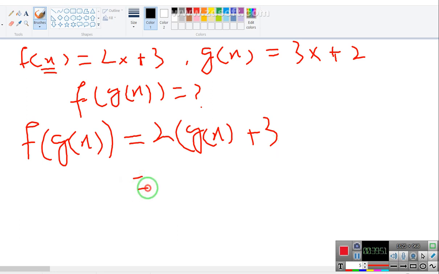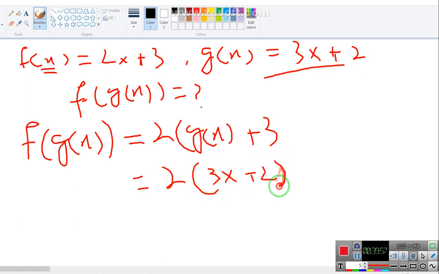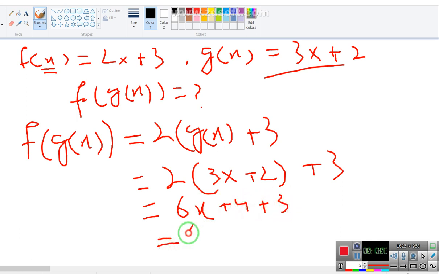Now simplify: what is g of x? 3x plus 2, so plus 3 stays in the same position. Now multiply 2 by 3x plus 2 to get 6x plus 4, plus 3, and you will have 6x plus 7. So this is your f of g of x.